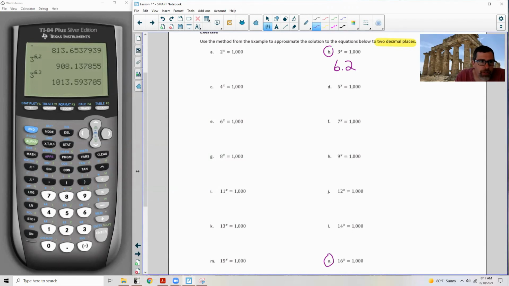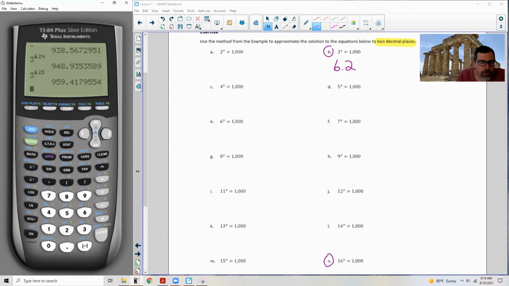So now I'm going to go out to the second decimal place, starting with 1. 3 to the power of 6.21, enter. 3 to the power of 6.22, enter. Still not 1,000. 6.23, enter. Getting closer. 6.24, enter. Getting closer. 6.25, enter.